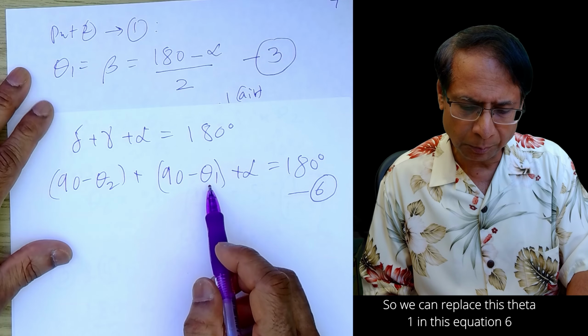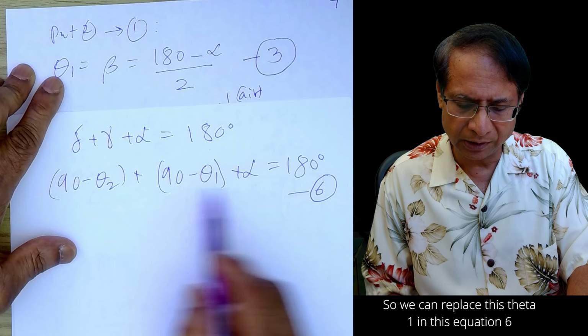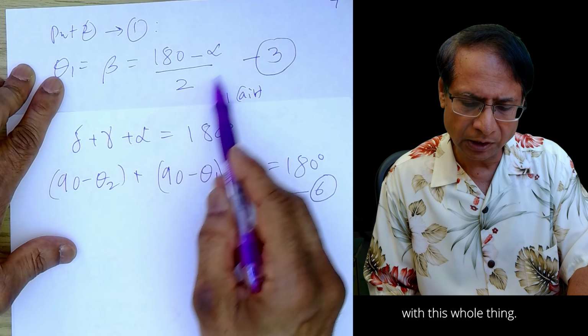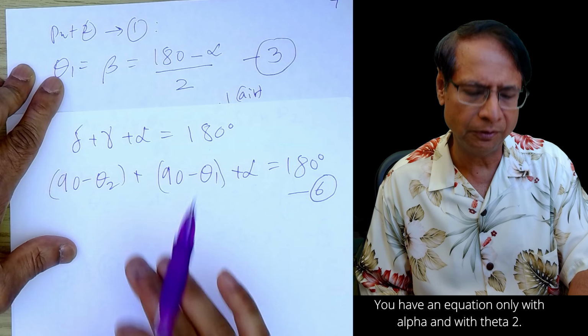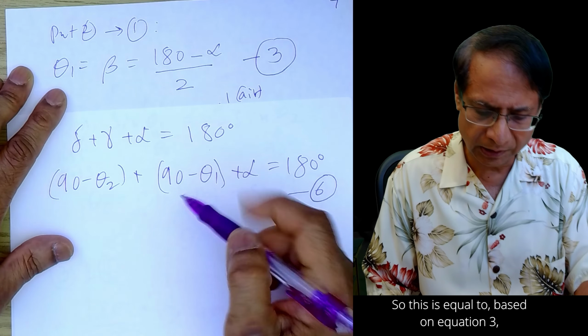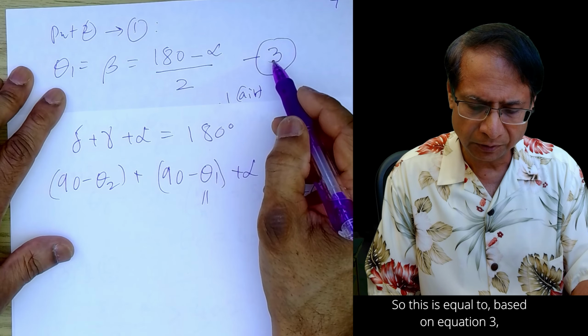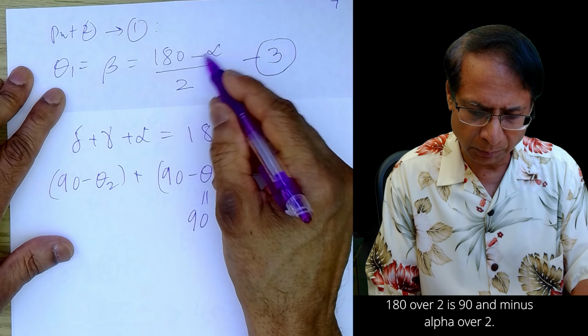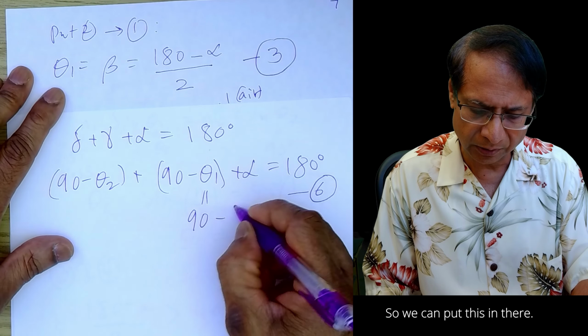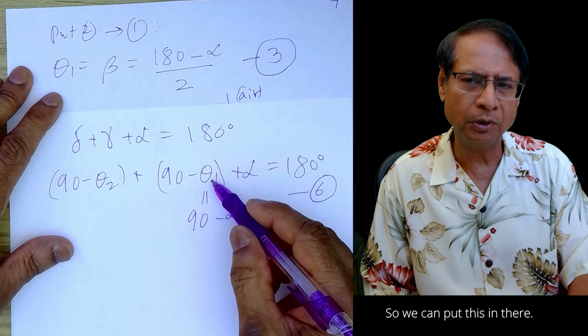So we can replace this theta 1 in equation 6 with this whole thing. This way theta 1 is gone. You have an equation only with alpha and with theta 2. So this is equal to, based on equation 3, 180 over 2 is 90 and minus alpha over 2. So we can put this in there.